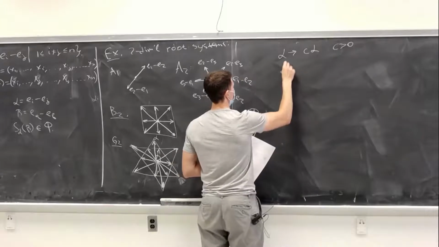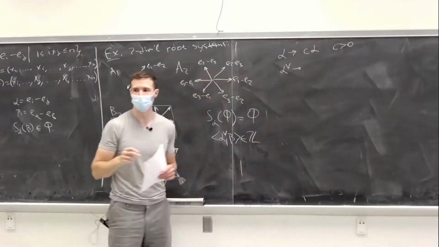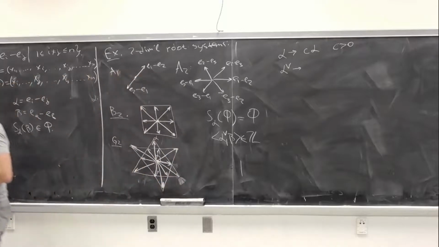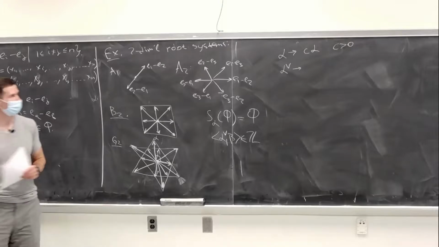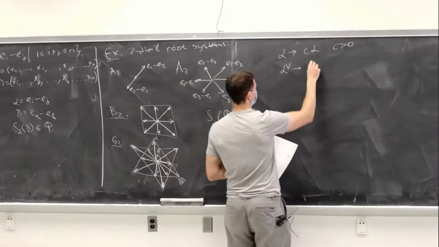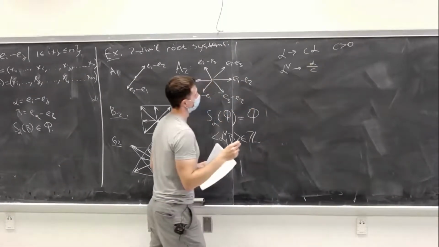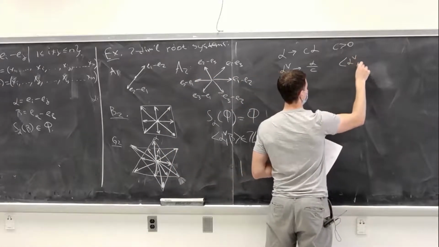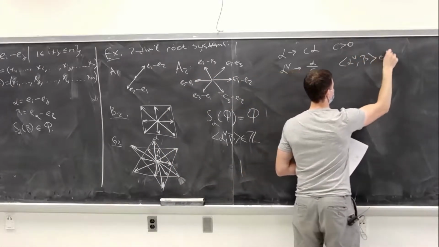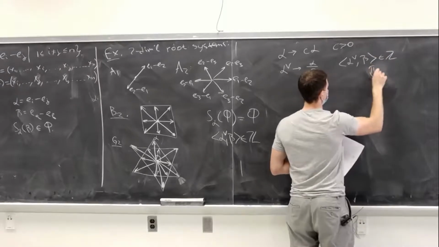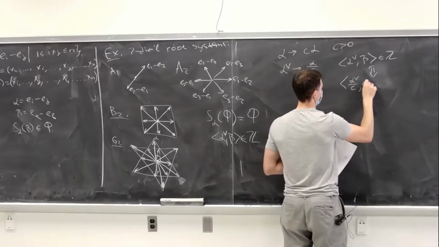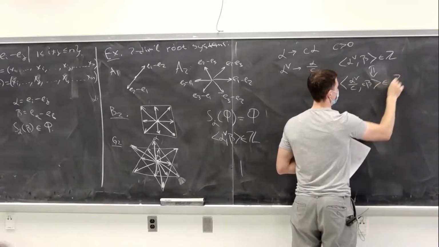Then what is going to happen to alpha check? Okay, alpha check is this guy here. It's going to be decreased by C. And then I have this condition that alpha check comma beta is an integer, and that happens if and only if alpha check over C beta is an integer.